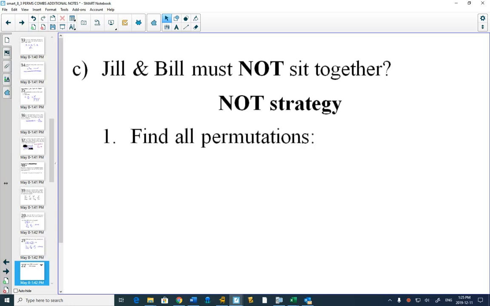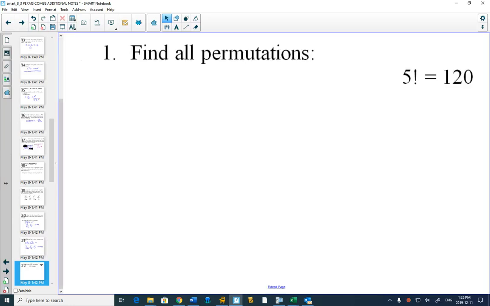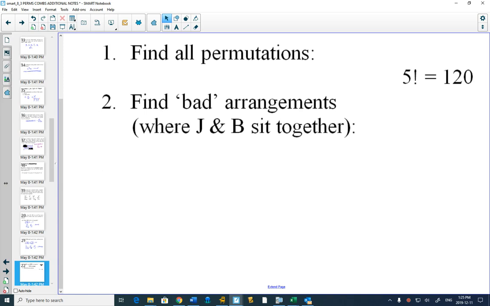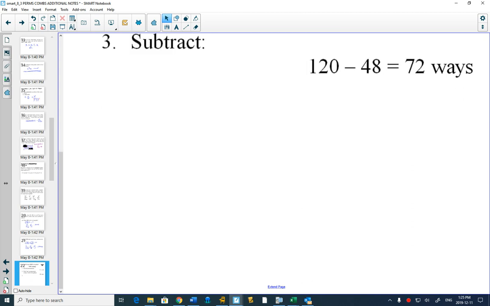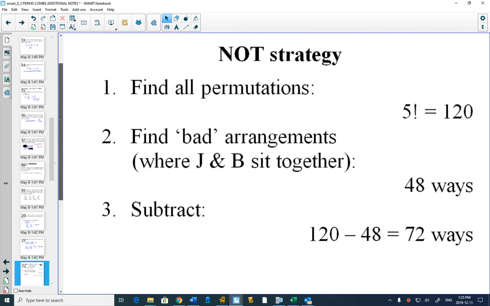The not strategy says if we count all the permutations, which with 5 people, no restrictions, no groupings, would be 5 factorial, 120 ways. And then we subtract the bad ones. This is where Jill and Bill are together, which we did in part A, 48 ways. If we subtract them, we would be left with the number of ways that Jill and Bill do not sit together.